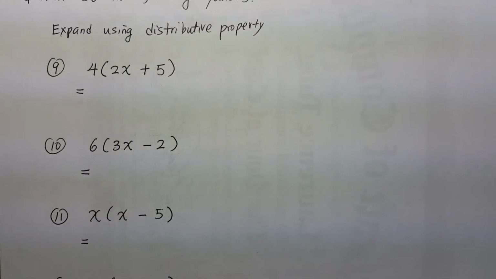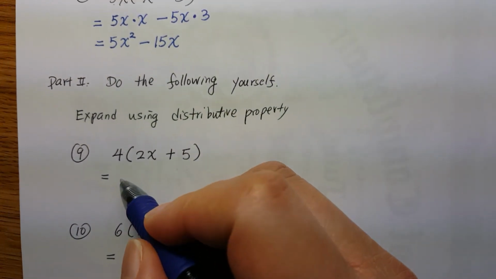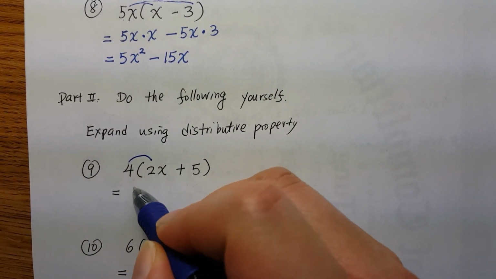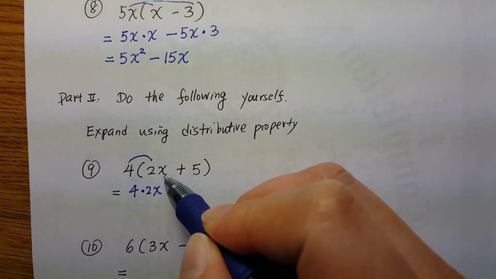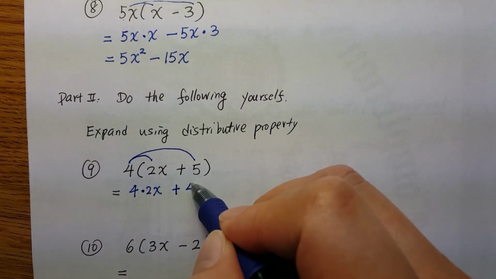Let's go to question number 9. So we have 4 outside, so we're going to use 4 times each. So we do 4 times 2x. In the middle is plus, and 4 times 5.